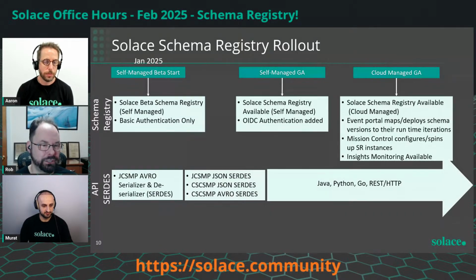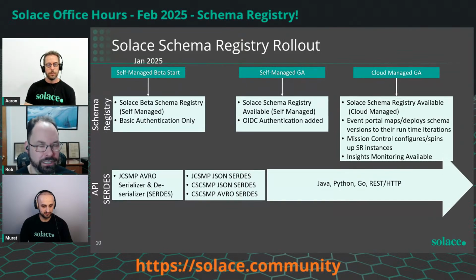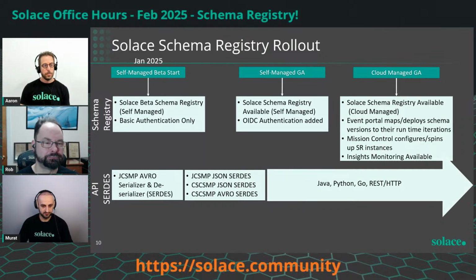What we're wanting you to experience is what our first SERDES is like with the schema registry. Are we doing the right sort of thing? What features inside that SERDES are important to you? We're collecting all that information, and then we're going to be rolling out more API SERDES capability as the beta rolls out.